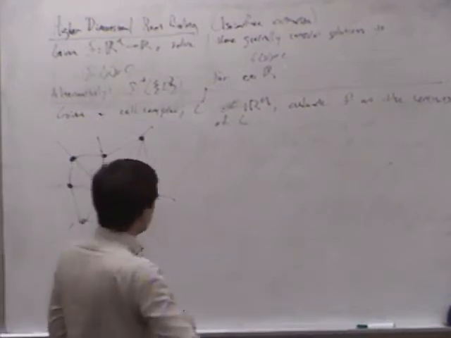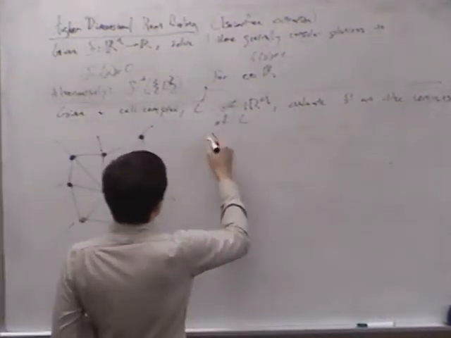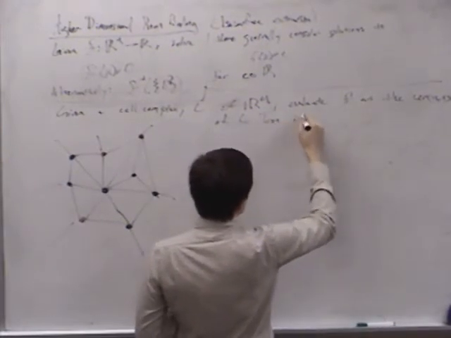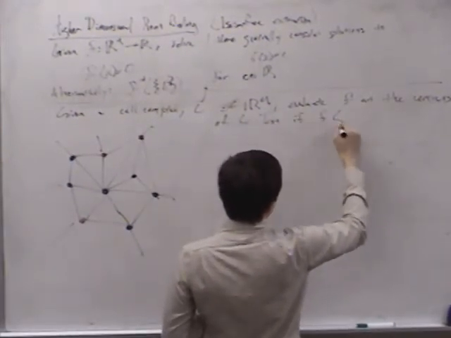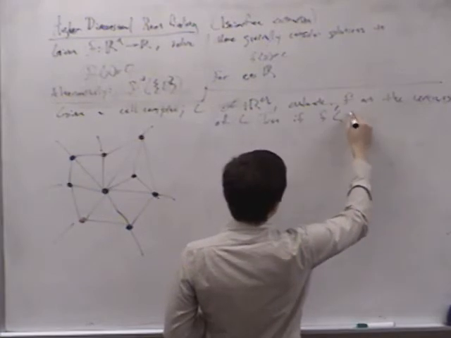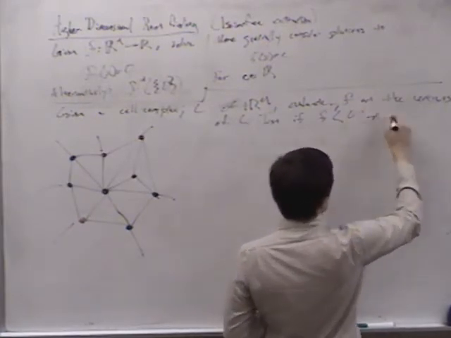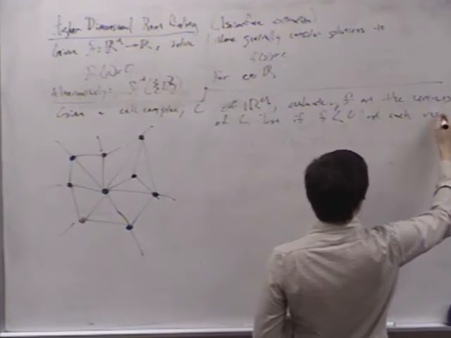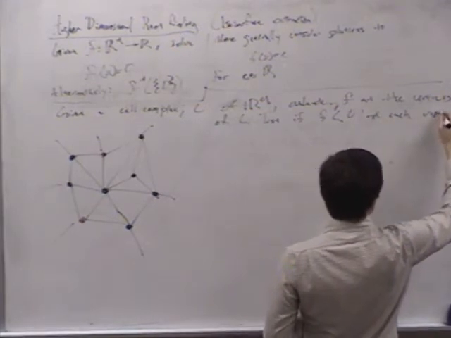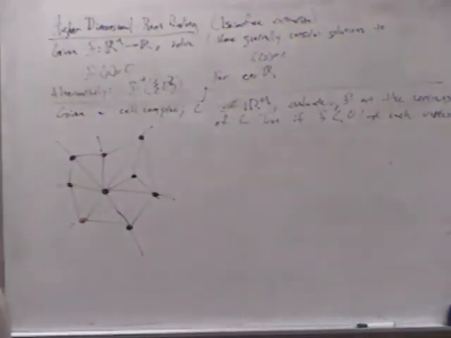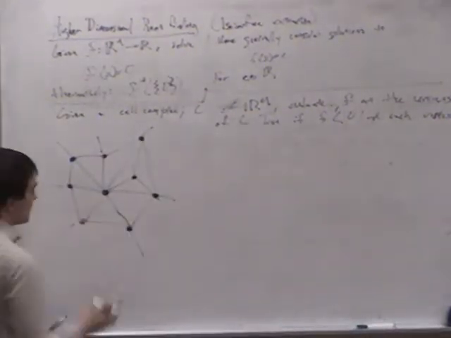So we'll basically test if f is greater than 0 or less than 0 at each vertex. So in this setting, we can basically evaluate f at each of these vertices.